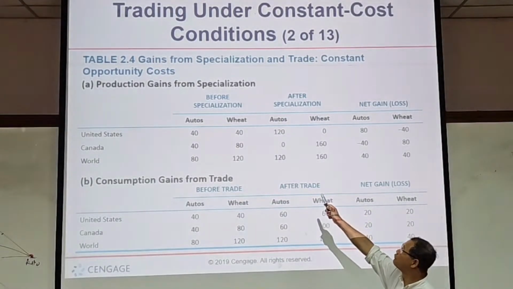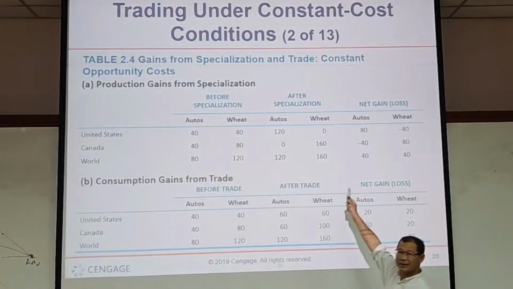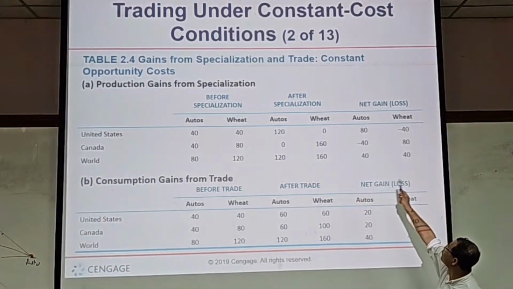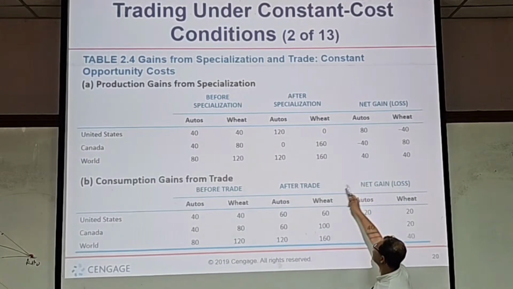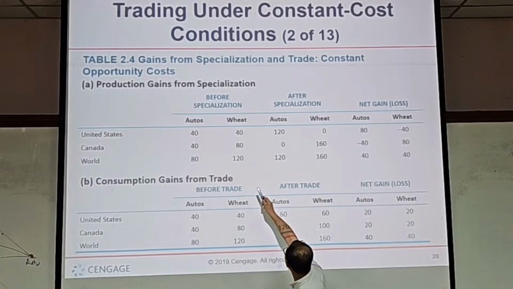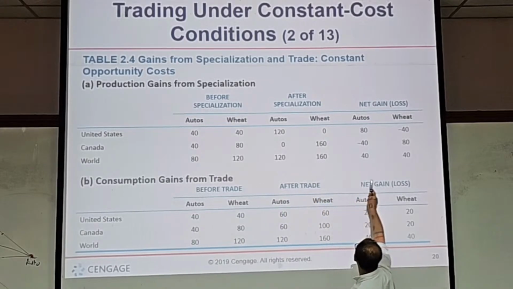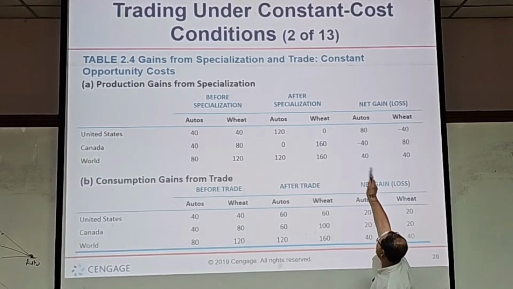Wheat was previously 40 in the United States, now zero, so minus 40. Auto minus 40. Wheat in the world was 80, now 160, so plus 80. For the world, auto was only 80, now 120.